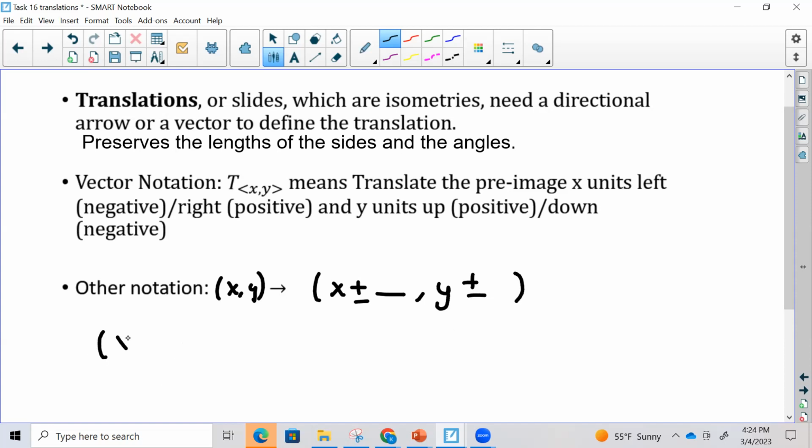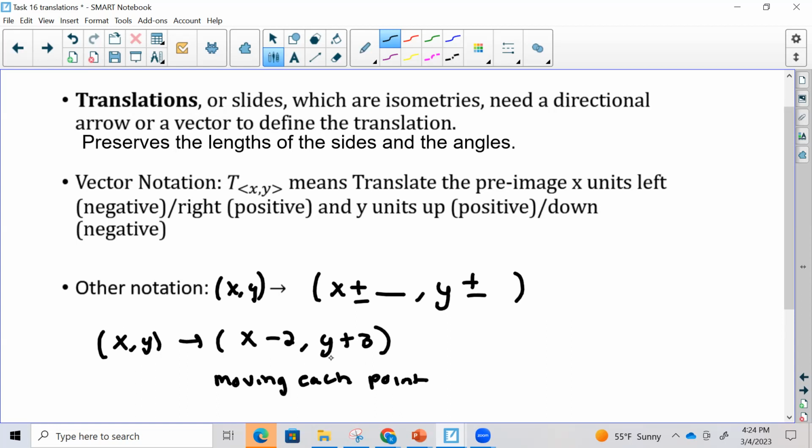So for example, if it said (X, Y) arrow (X minus 2, Y plus 3), what that means is we're moving each point. We're doing minus 2 to the X value. And remember, X is left or right. So if I'm moving minus 2 on the X value, I'm going left. So I'd move each point left 2.